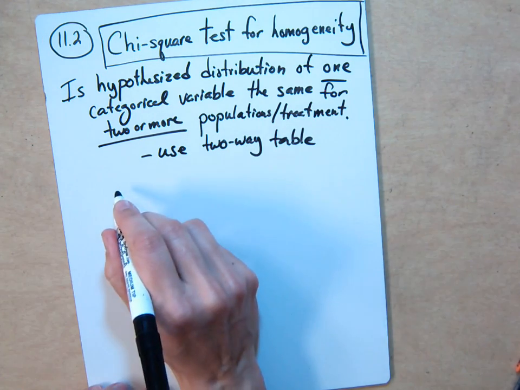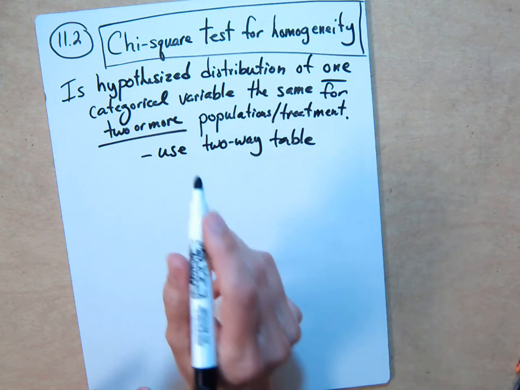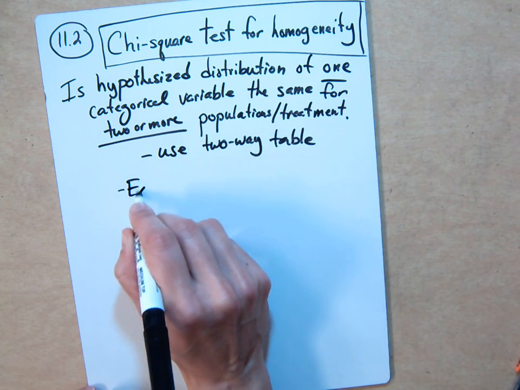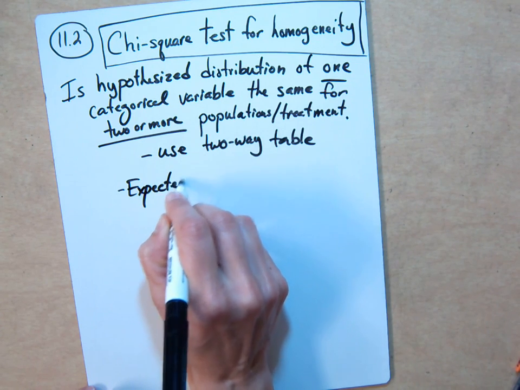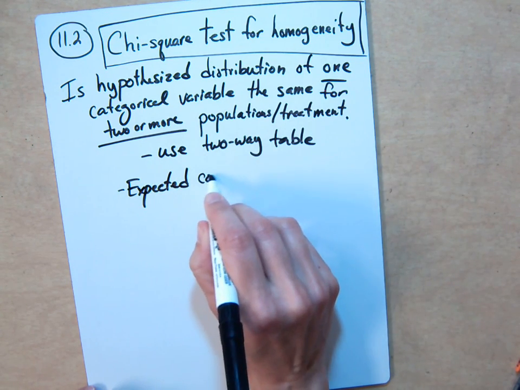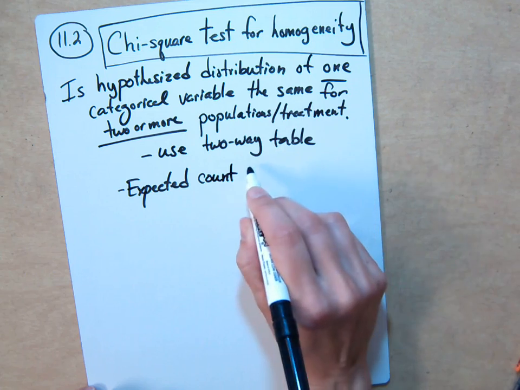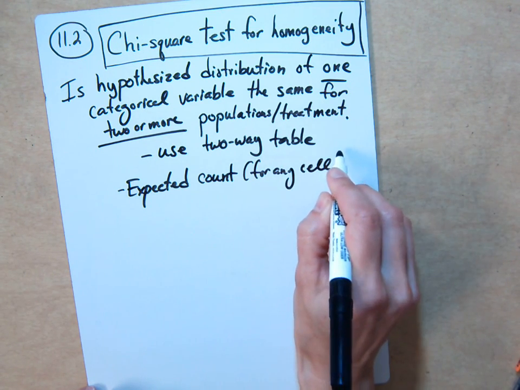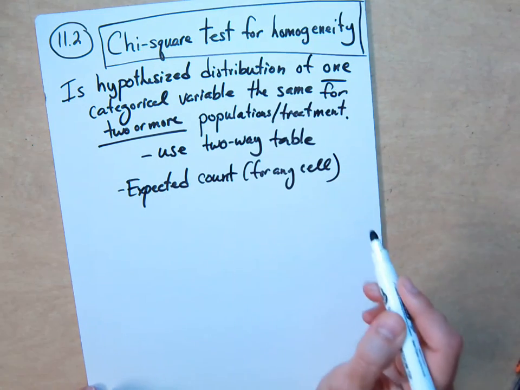And so the only thing interesting to note here that's different from the previous notes we took is that the expected count is just a little bit different for coming up with that. You have to do it for each cell, expected count for any cell in your two-way table.